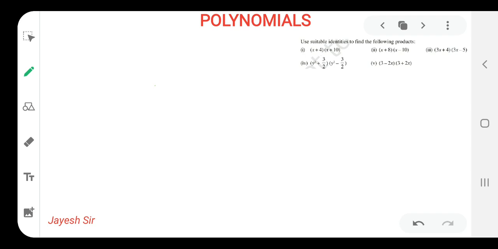So we can take y square as a and 3 by 2 as b. Before solving this sum we need to assume something: we'll assume y square as a and 3 by 2 as b.